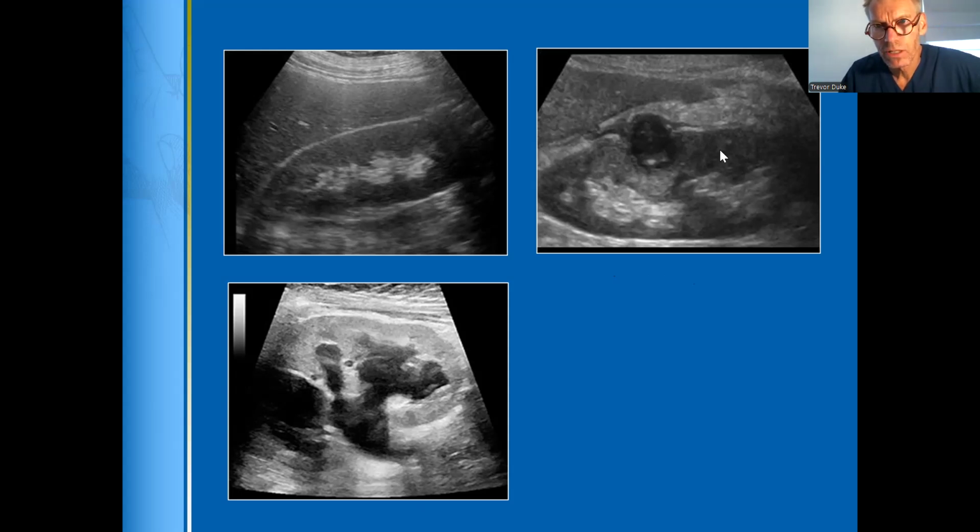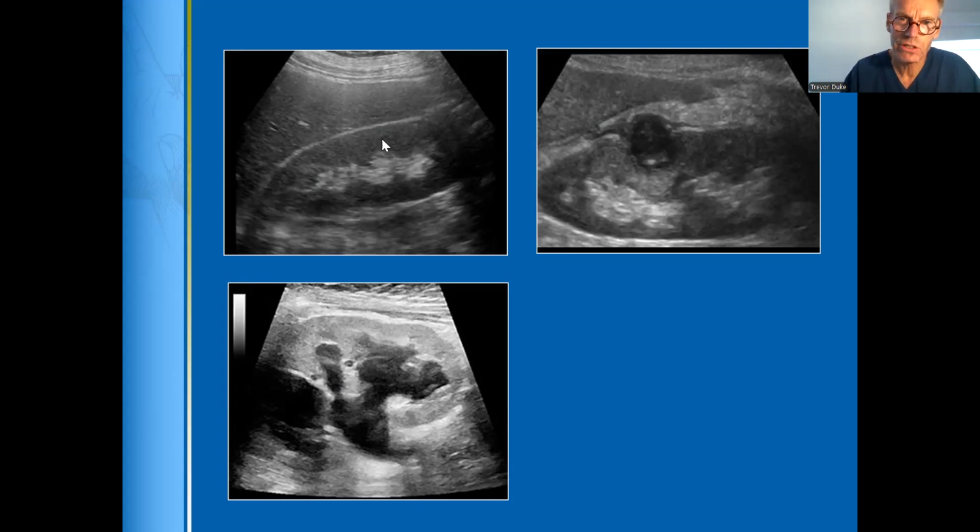It's hypoechoic, generally hypoechoic, and just means there's more fluid in the kidney. So there's probably some inflammation. And this is a kidney that's quite widely dilated, with fluid and urine within it. So the kidney is swollen and widely dilated. These are the sorts of things you'd be looking for in this child.